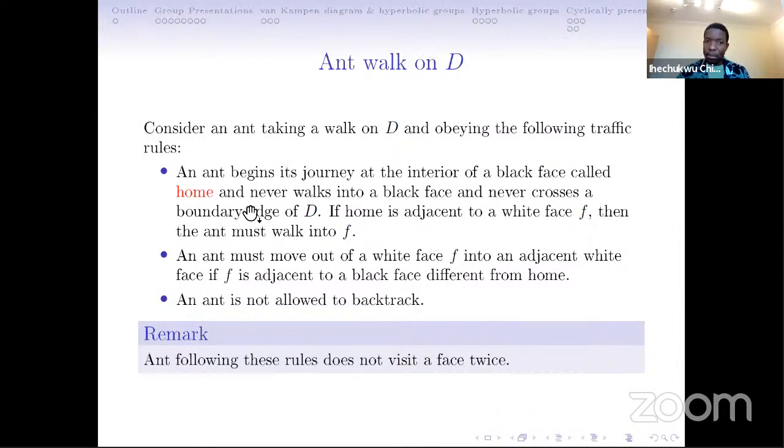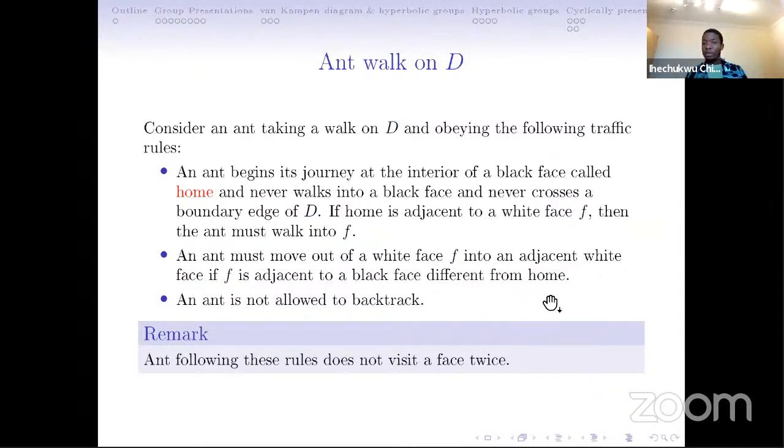And the ant is never supposed to walk across a boundary. So your Van Kampen diagram has got a boundary. The ant cannot cross a boundary. But if this home is adjacent to a white face, then the ant must walk into that white face. So an ant must move out of a white face into an adjacent white face if F is adjacent to a black face different from home.